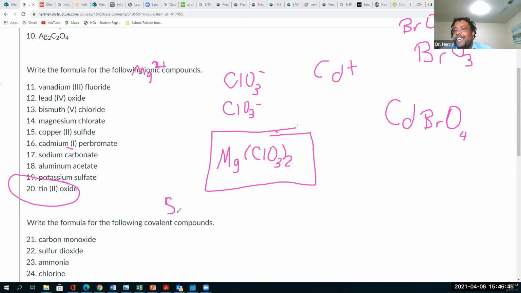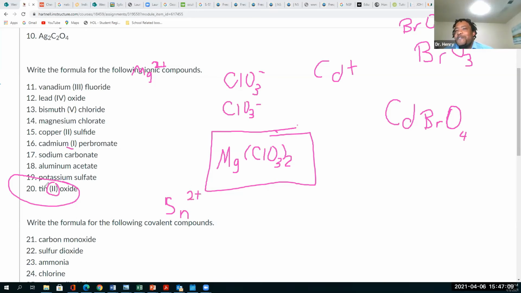Sn. That is correct. Sn is the symbol for tin. So what is the charge on tin? +4? It's a +2, right?